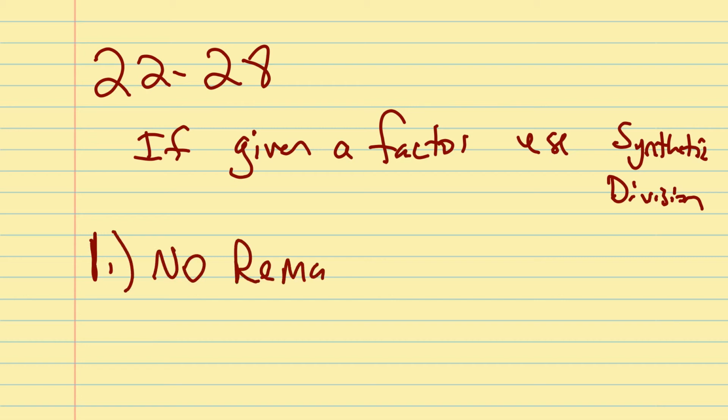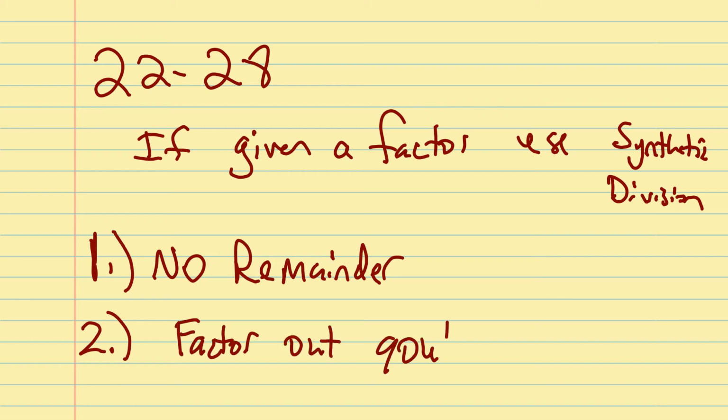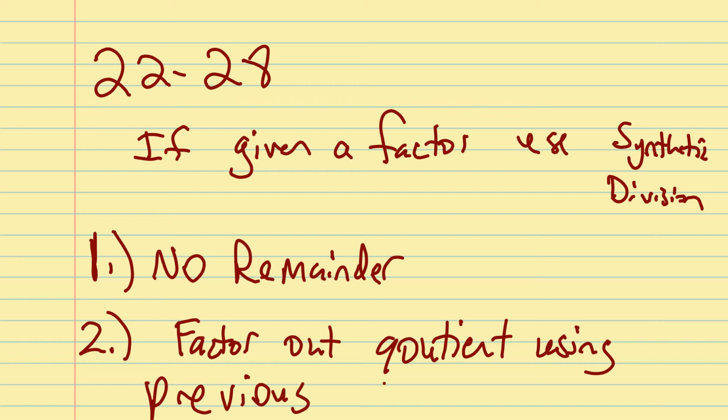If you get a remainder, you made a mistake on your division somewhere. The other thing that's going to happen is you have to factor out your quotient using your previous skills. And then one thing we'll talk about is that you have to actually completely factor it out. You're going to have to put in your original factor they gave you. All right? So we're going to move on to 22.